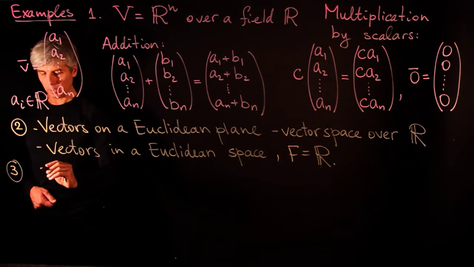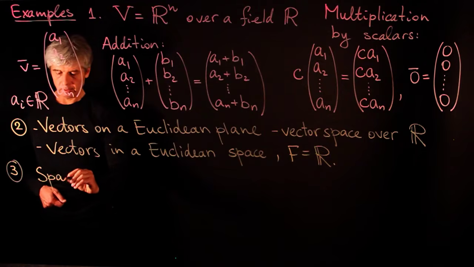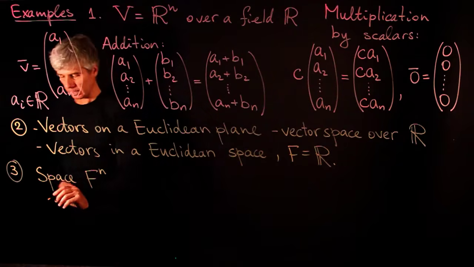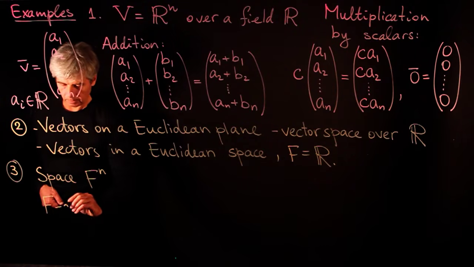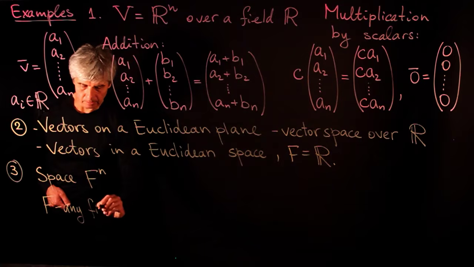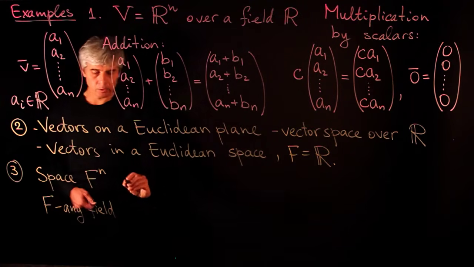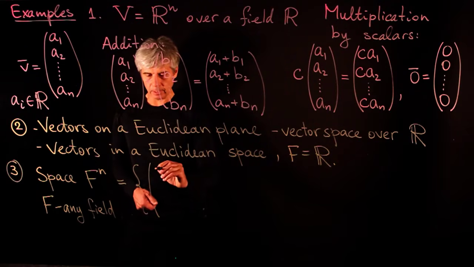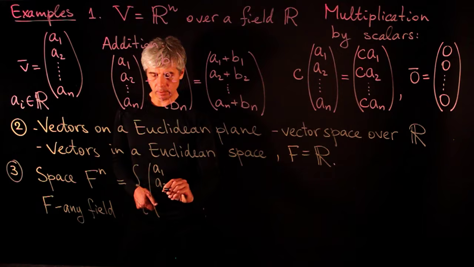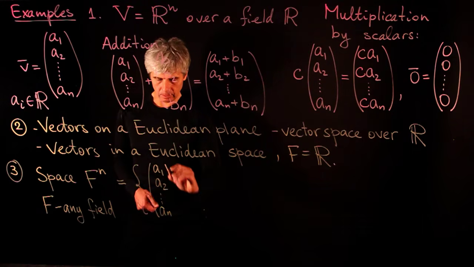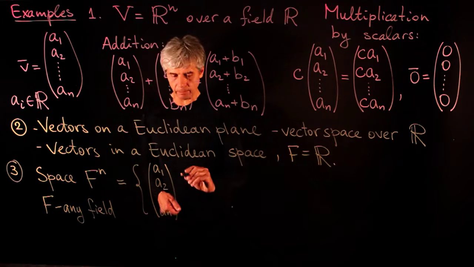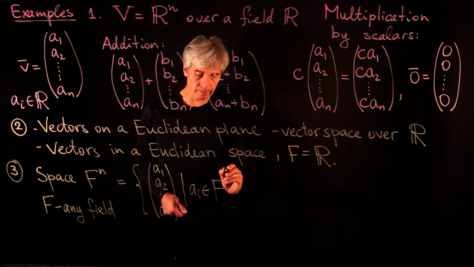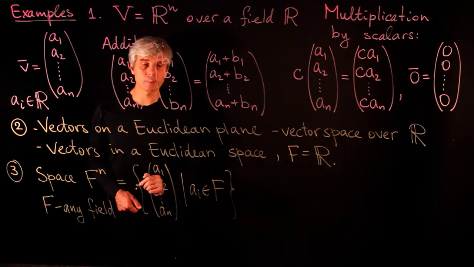So here we will talk about space Fn, where F is any field. So this space consists of n tuples A1, A2, An, but all Ai's here are elements of F and not real numbers.